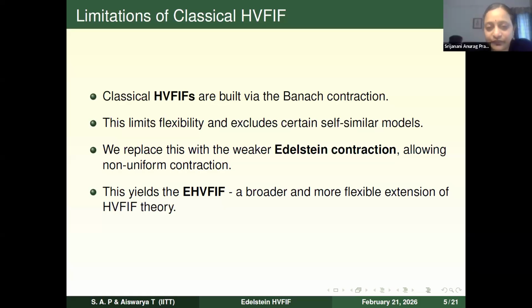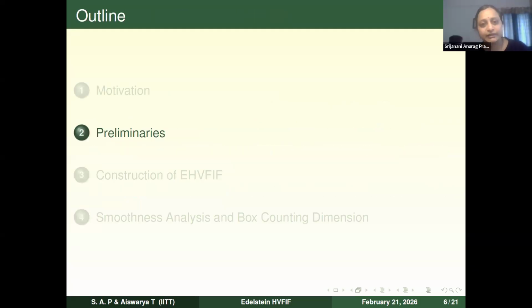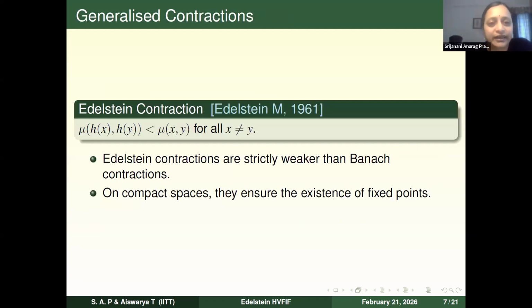Here are a few results which are required. What is an Edelstein contraction? For x and y not equal, the function h is said to be an Edelstein contraction if the distance between h of x and h of y is strictly less than the distance between x and y.